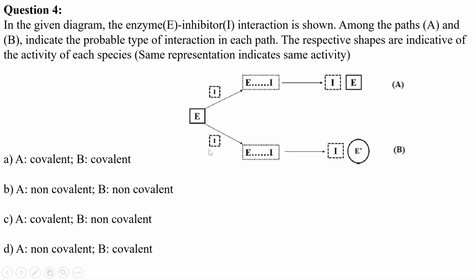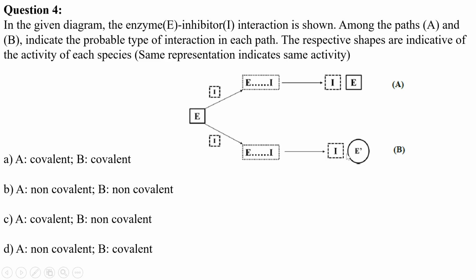Here you can see two paths are shown. In one, the enzyme is binding to the inhibitor and then later the inhibitor is getting released from the enzyme. In the second case, the inhibitor is binding to the enzyme, but when the inhibitor is released, the enzyme shape is changed.